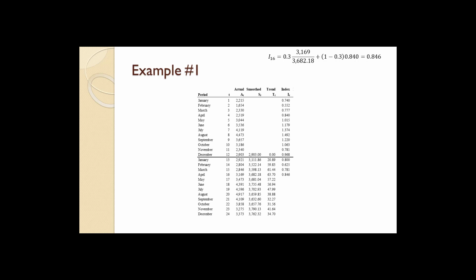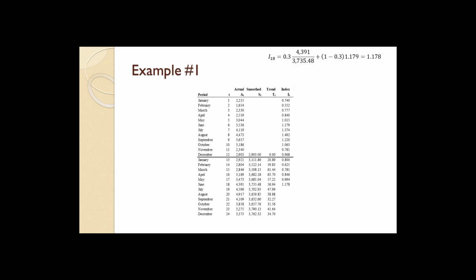equals 0.846. The index for May, I sub 17 equals 0.3 times 3,473 divided by 3,681.04 plus 1 minus 0.3 times 1.015 equals 0.994.